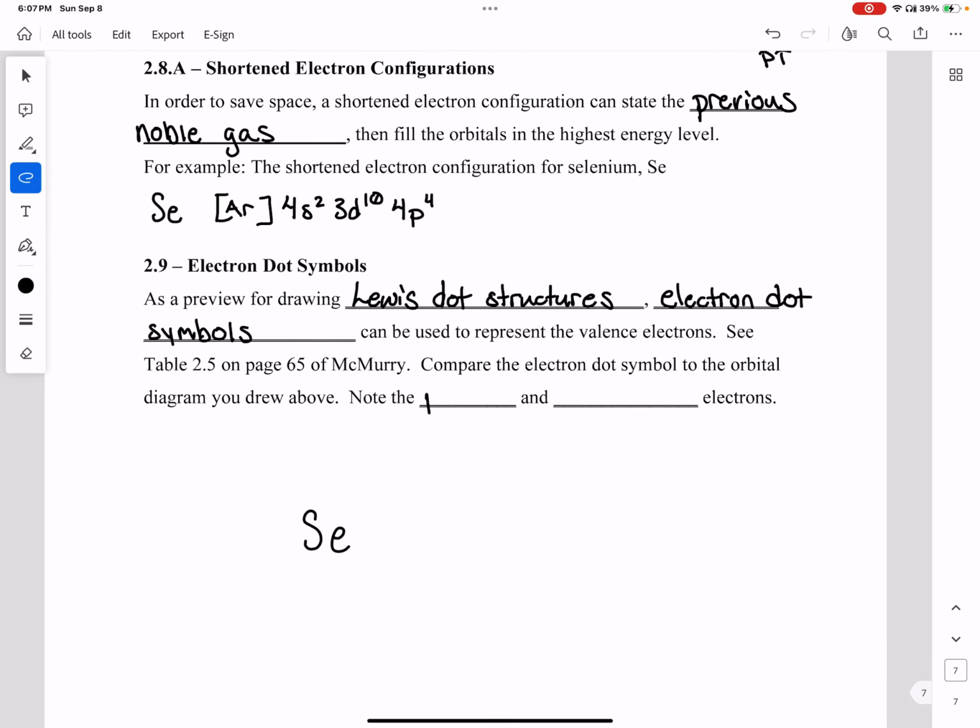So note the paired and unpaired electrons. I've got the two pairs, so I'll draw those like this, and then I have my two on the outside there, my two lonely electrons. So that's an accurate way to represent the valence electrons for our purposes at this point.